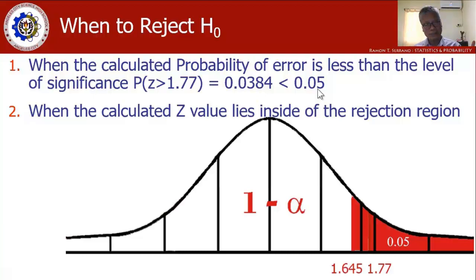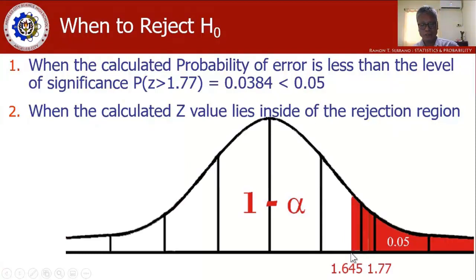The next way of knowing when to reject is when the calculated z value lies inside the rejection region. In this case, the 1.77, this is the one starting from the black. The 1.645 is the start of the red area here.